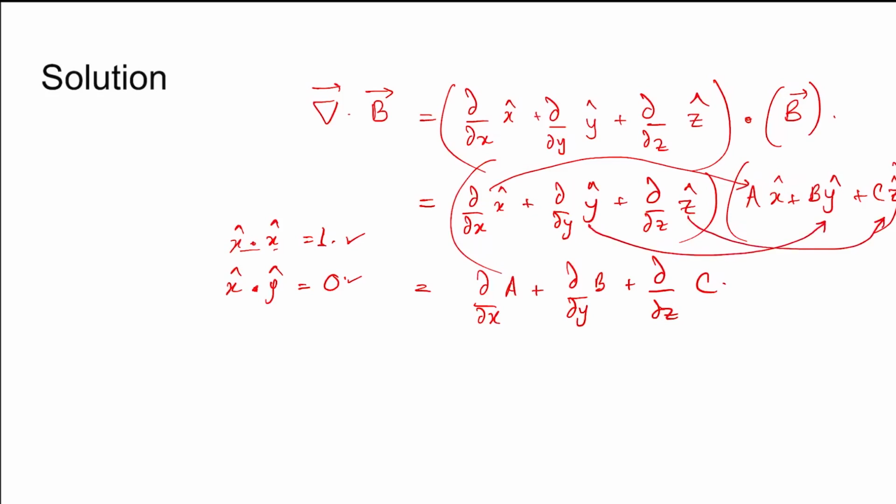So now by seeing the option, we only need to take the derivative of the magnetic field vector x component with respect to x, the derivative of the y component with respect to y, and the derivative of the z component with respect to z.